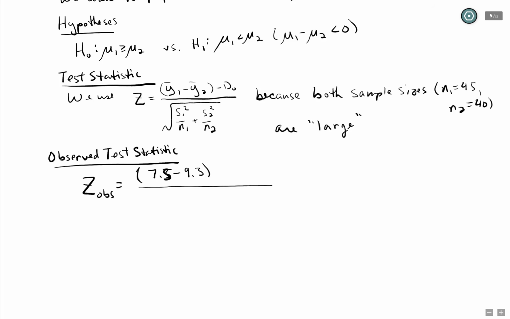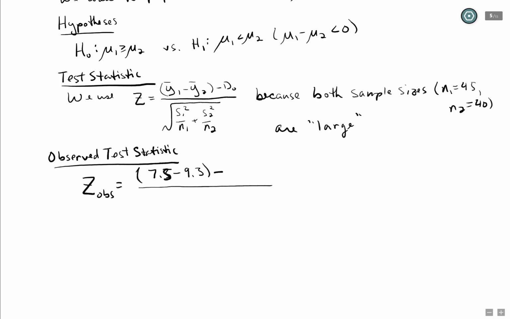Now clearly the difference of the two sample means is negative, but is that enough? Is there enough evidence within this disparity to conclude that the difference of the population means is also negative in this way?